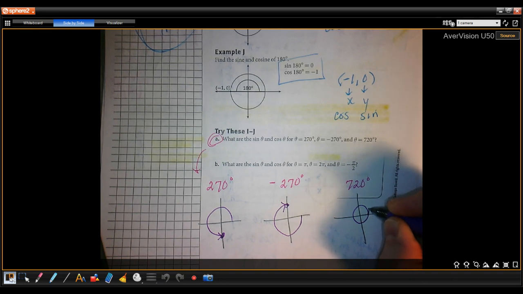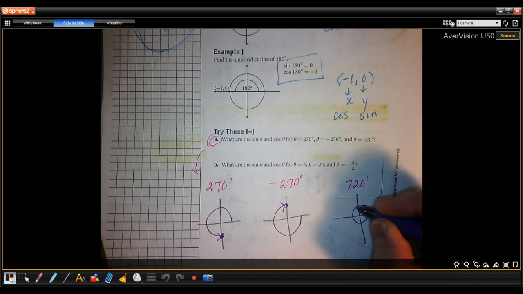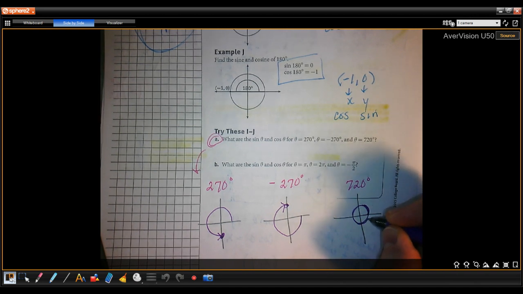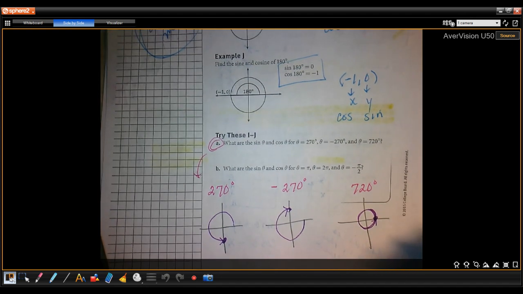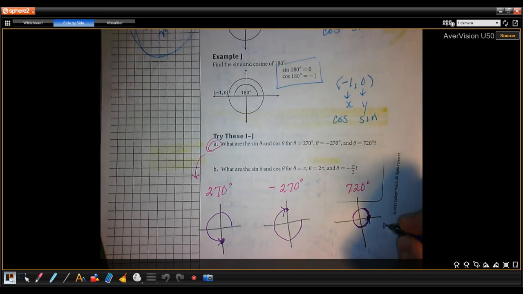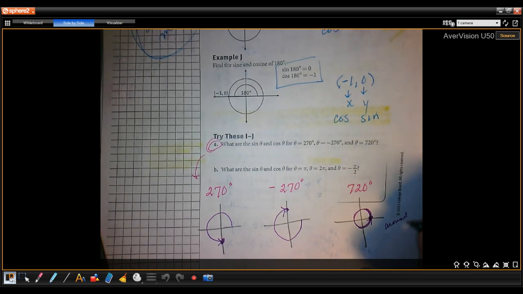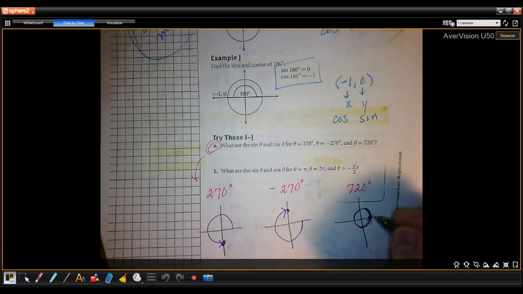And then you could go 360, then I'm going to go around again, that's 720. So it ends right there. So it's kind of hard to do on paper. It's not two-dimensional, but you're going around twice. And it's a coterminal angle, so you stop right there.